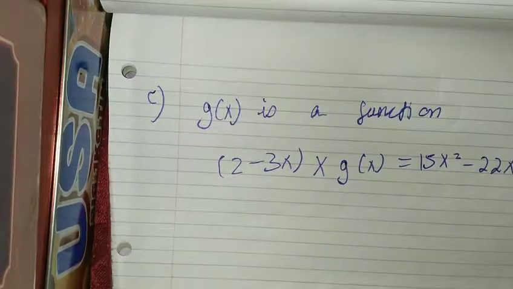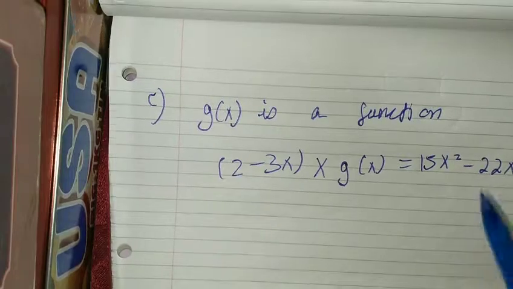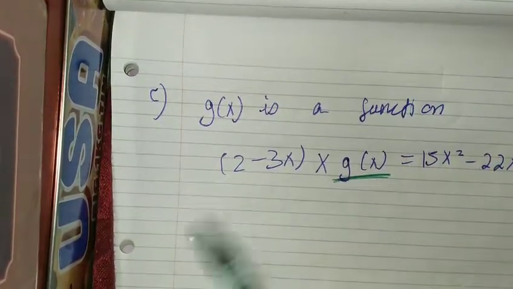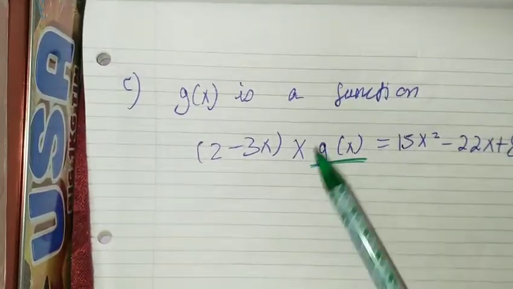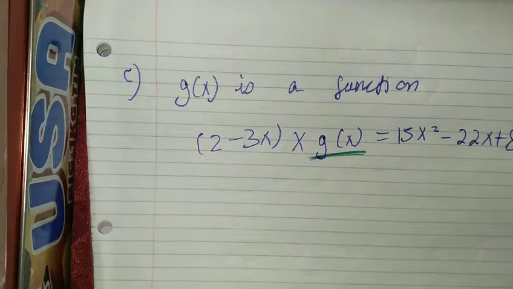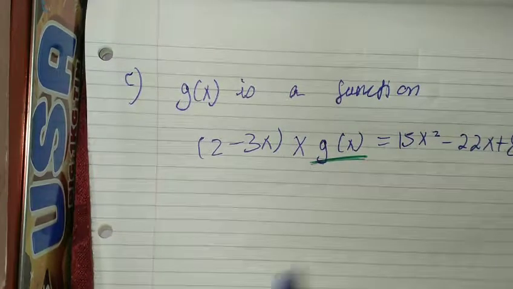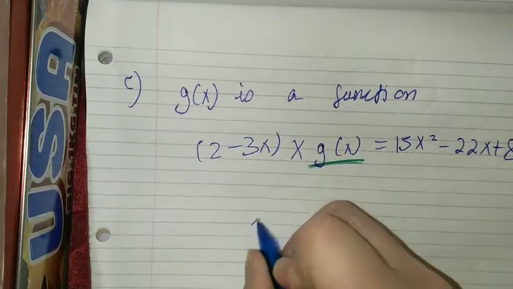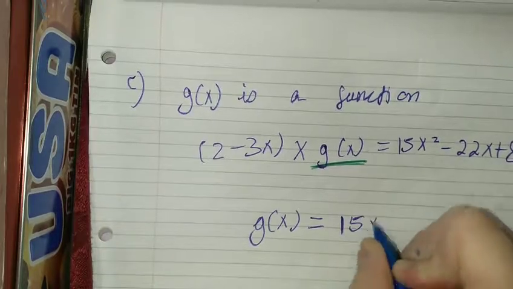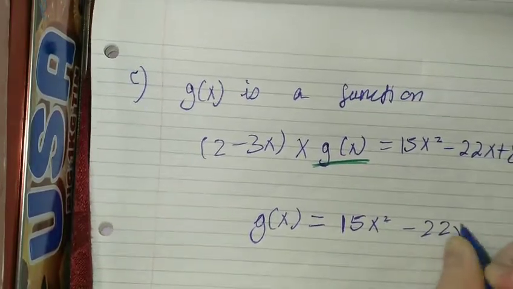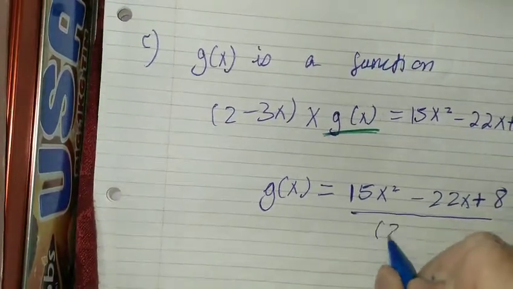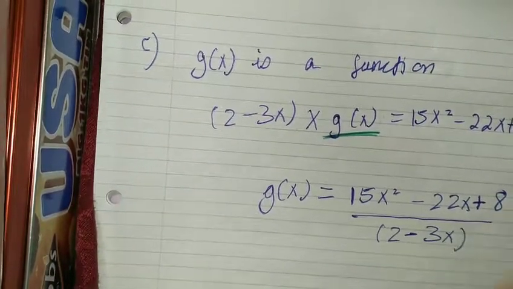So we have one function, and this function multiplied by whatever is in here has to give us 15x squared minus 22x plus 8. So if you wanted to rearrange this, g of x is going to be 15x squared minus 22x plus 8 all over 2 minus 3x.